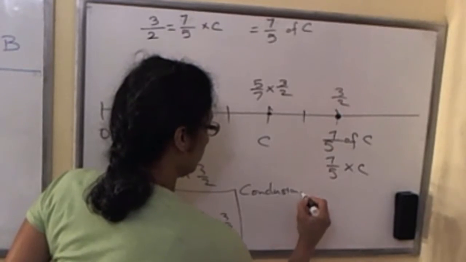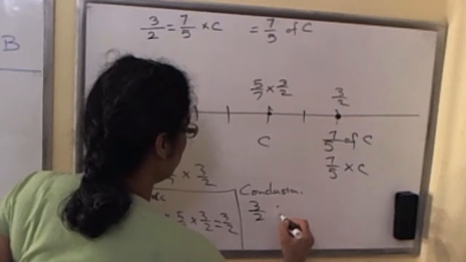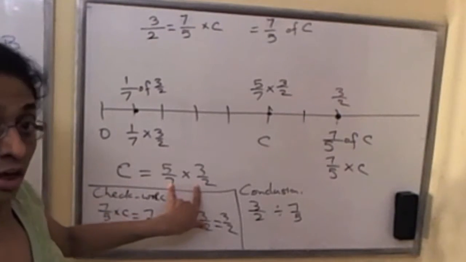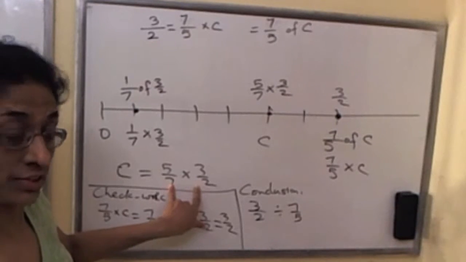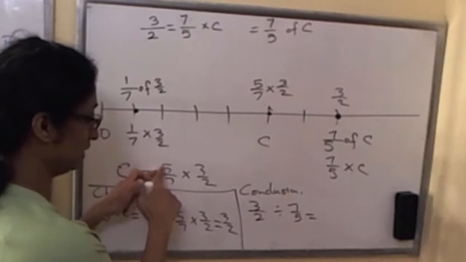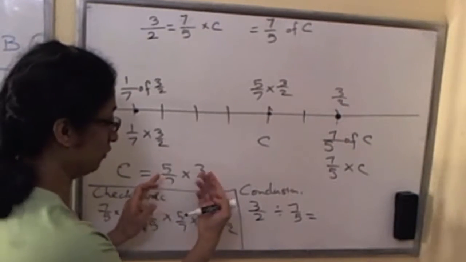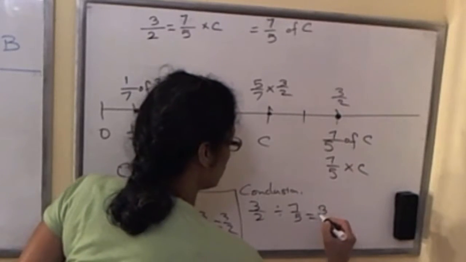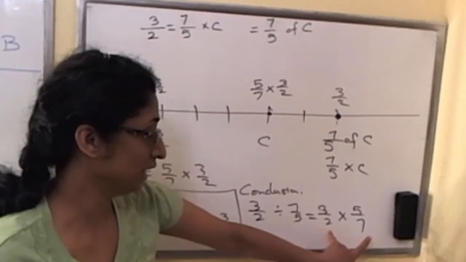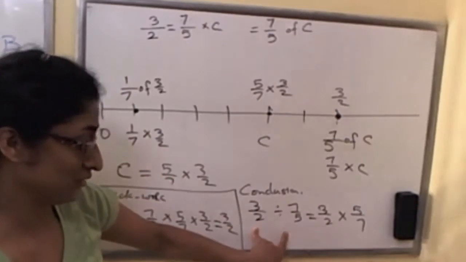Our conclusion is now that 3 over 2 divided by 7 over 5 is this c. c is this expression. So when I write this expression, instead of writing it as 5 over 7 times 3 over 2, I'm going to use the commutative law of multiplication and write it as 3 over 2 times 5 over 7. The reason for that is now we can see a relationship between this expression and this expression.